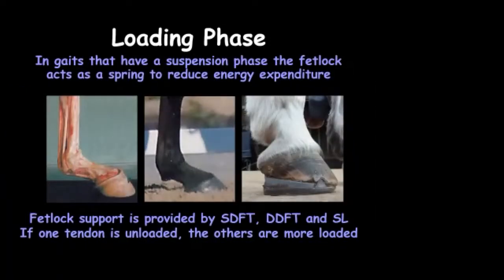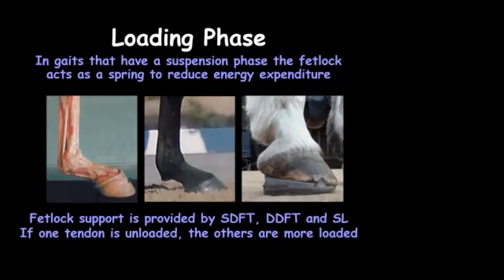Now, in the gaits that have a suspension phase, the fetlock and its supporting structures are acting like a spring. So the flexor tendons and the suspensory ligament are storing energy as the fetlock joint extends, and then as the weight passes forward over the limb and the fetlock joint starts to rise and flex again, then that stored energy is released and helps to propel the horse forward.